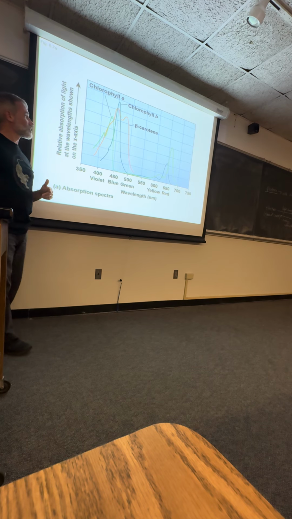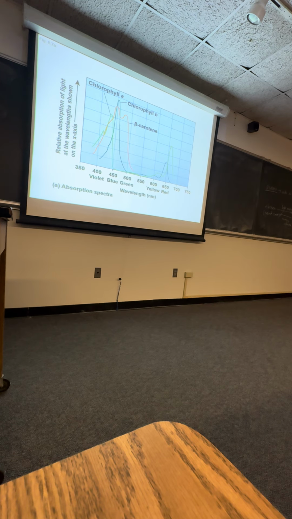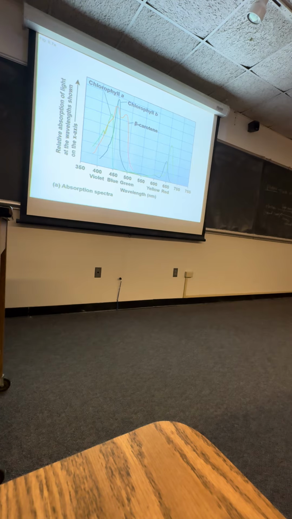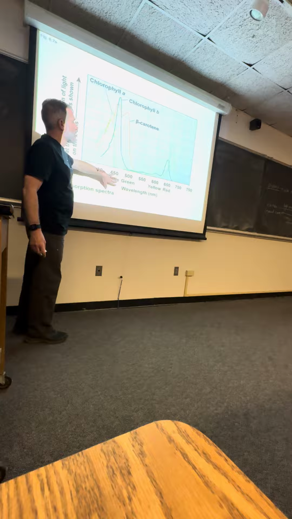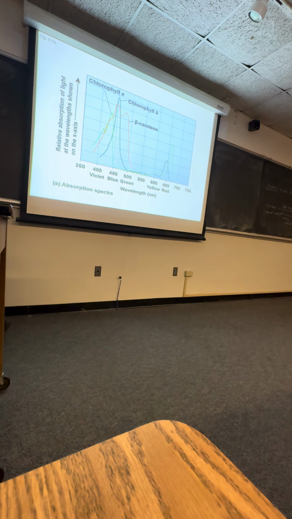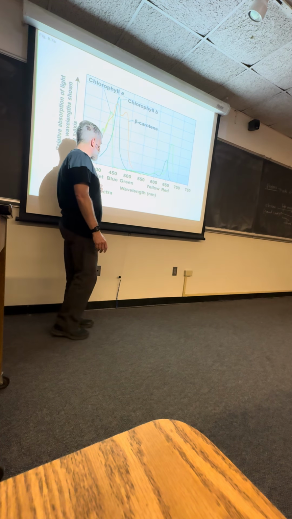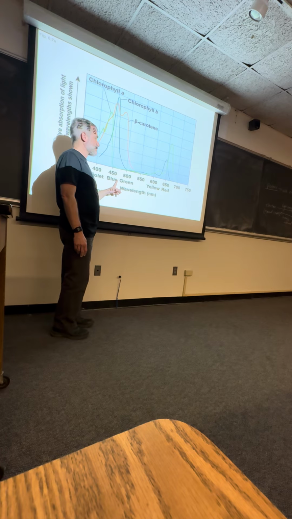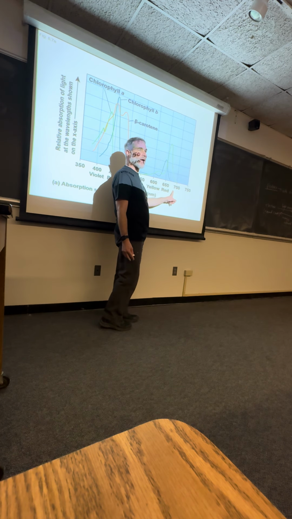So chlorophylls are nice pigments because they grab a lot of the visible light spectrum and harness that energy. Okay, carotene is a little less productive because it only harvested one region of the visible light spectrum. But what this means for the chlorophylls is that it's absorbing violet and blue, it's reflecting green and yellow, and then it's absorbing red.